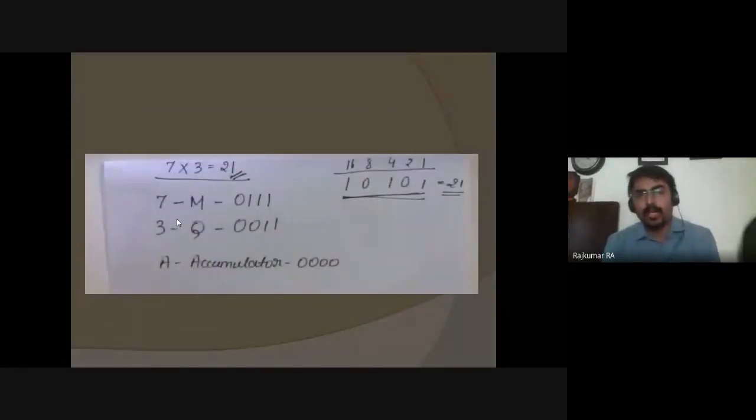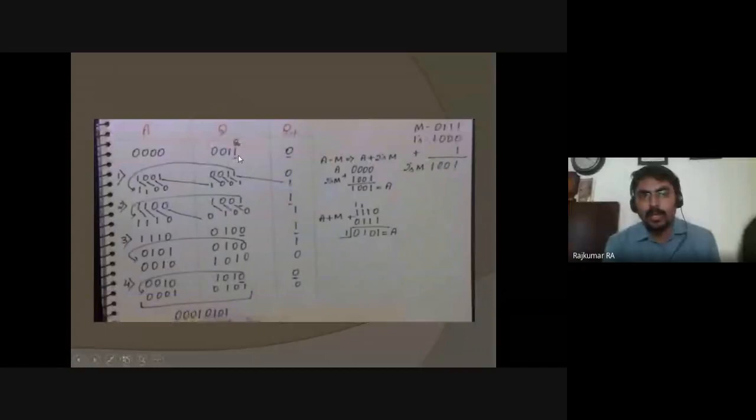Now we have to compare the last digits, Q0 and Q minus 1. If we compare them, that is 1 comma 0.